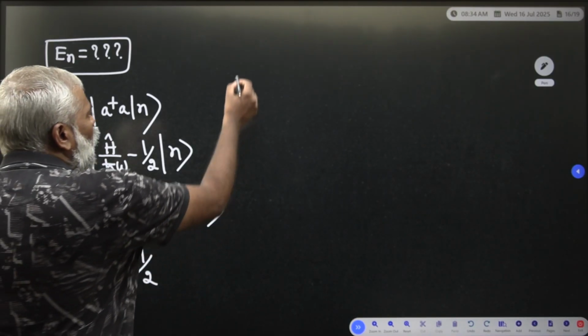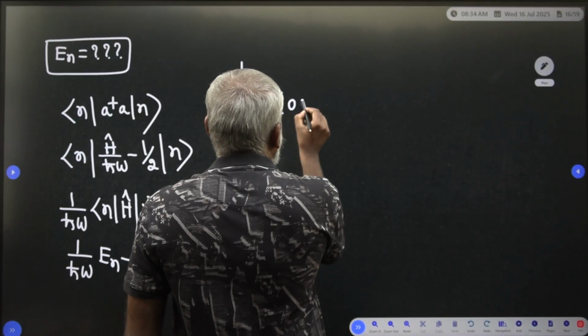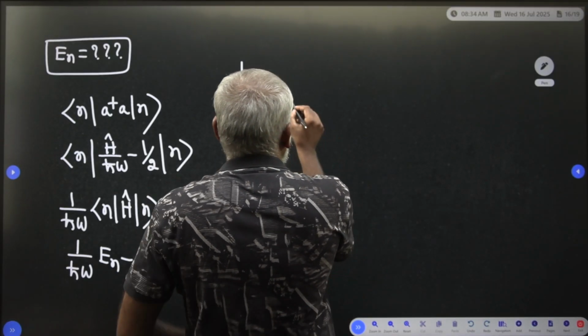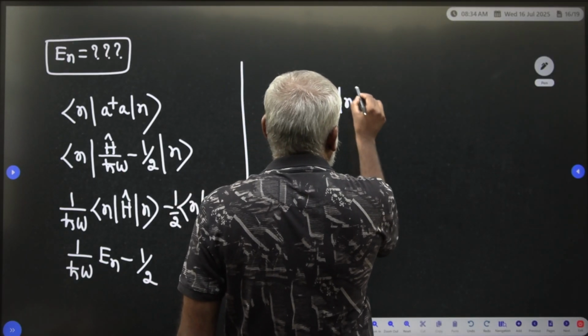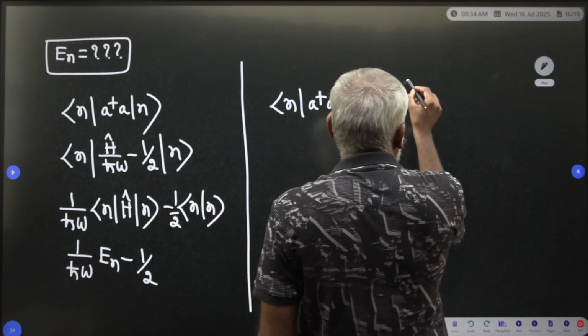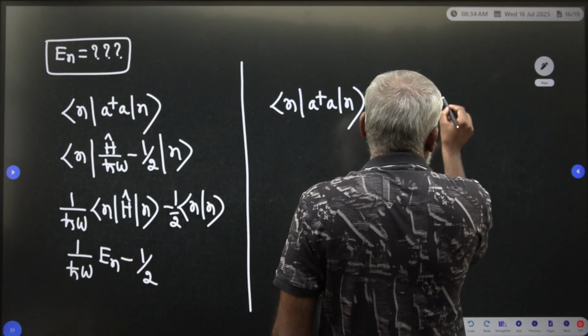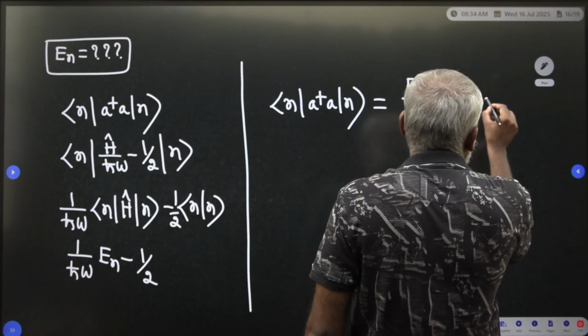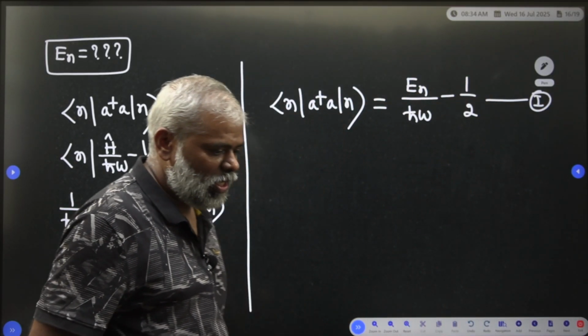So bra n A dagger A ket n is equal to En divided by h cut omega minus 1 by 2. This is Roman equation number 1.